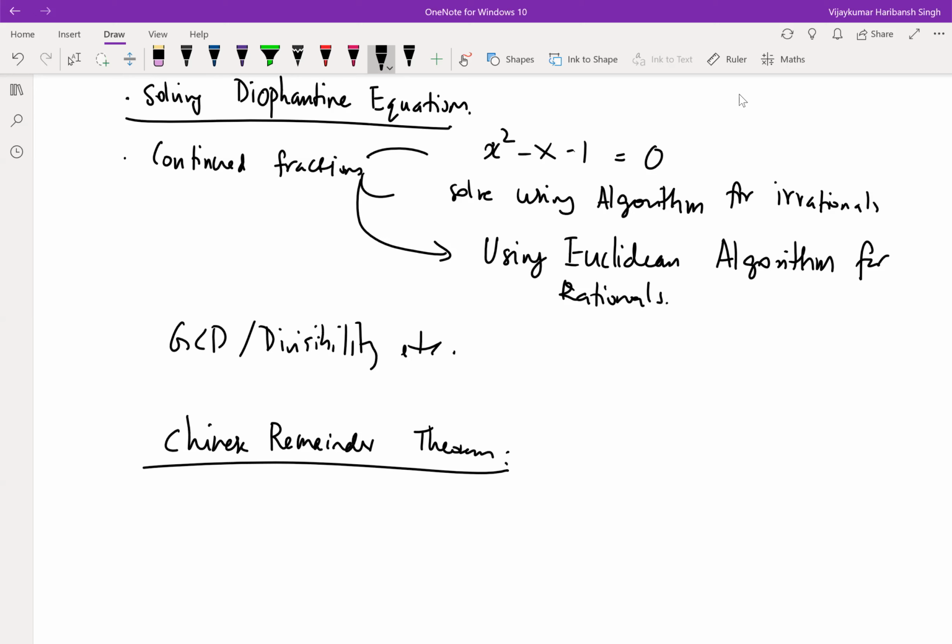You had a problem where you wanted to find three consecutive numbers such that Mobius evaluates to 0 on them. You had to use the Chinese remainder theorem to find out exactly what those numbers were, right?